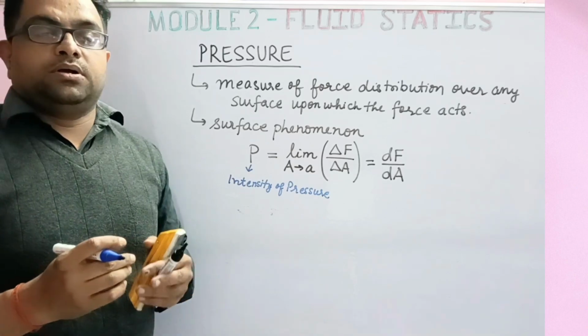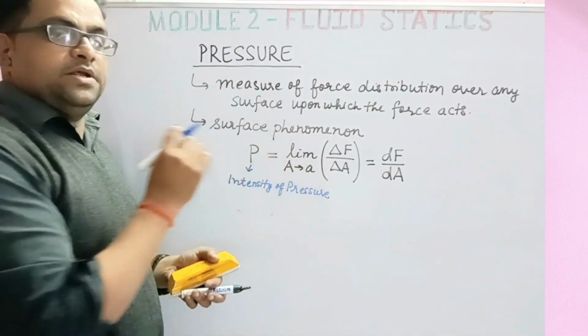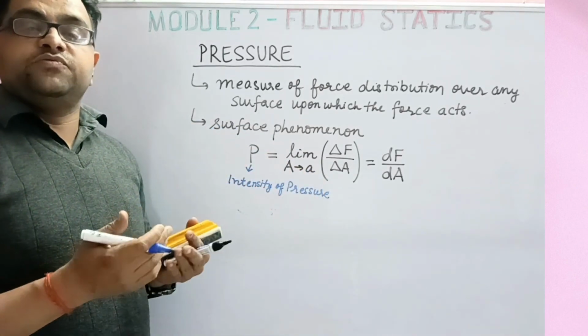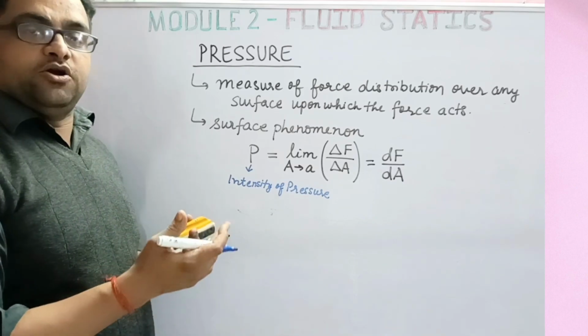Here the small a represents the limiting area which will give us result which is independent of the area.